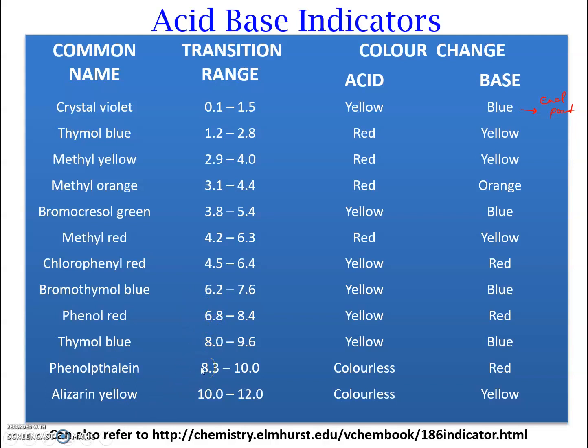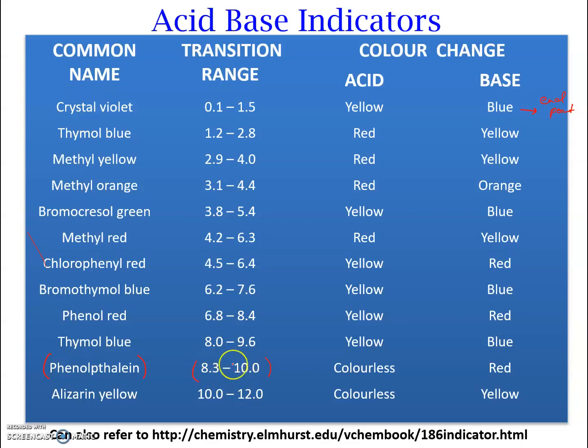For example, the phenolphthalein indicator has a pH range of 8.3 to 10. This means that within this pH range, the indicator may change color. For example, if the pH of the solution after reaction is 8.5, the phenolphthalein will change color, or it will change color when the pH is 9.